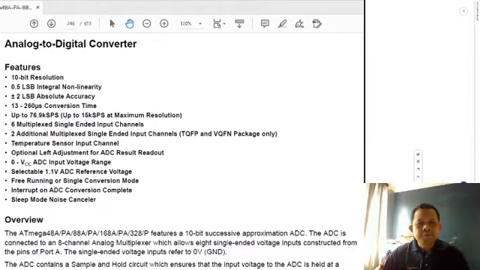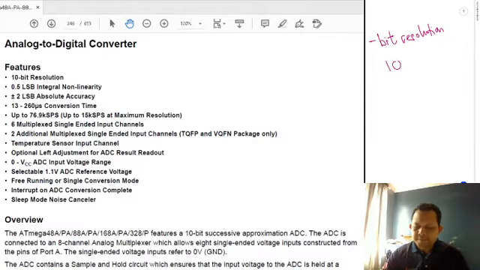Okay, a few things that we need to look at on an ADC. First is the resolution, the bits resolution. How many bits is the resolution?